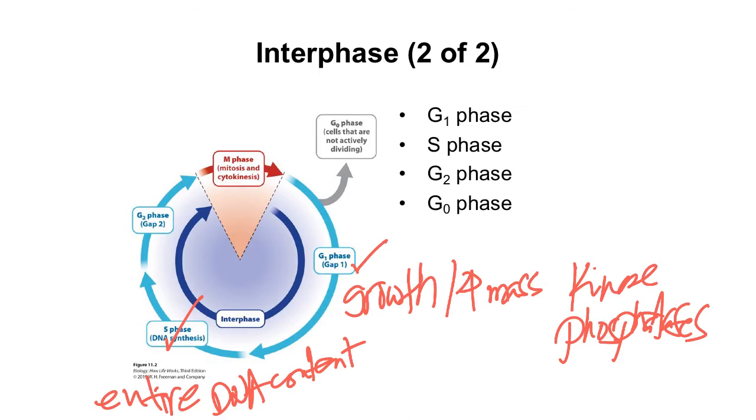And this then is followed by the G2 phase. The G2 phase, or so-called the second gap phase, is the phase where the cell prepares for mitosis and cytokinesis in the M phase.